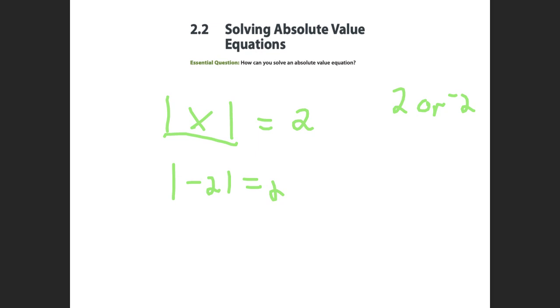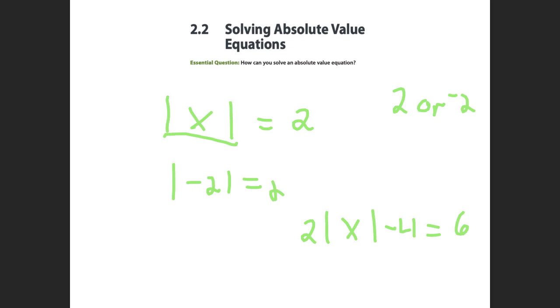Well, if you had something like the absolute value of x minus 4 is equal to 6, the absolute value function is not all by itself on the side of the equal sign. You've got a -4 here. You've got to get rid of that. Now, if there was a 2 in front of here, well, you'd have to get rid of the 4 and the 2 before you can rewrite the problem. What do I mean by rewrite the problem? Okay, so here's what I mean.